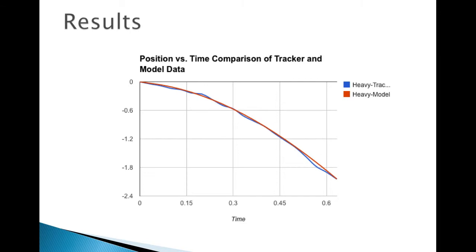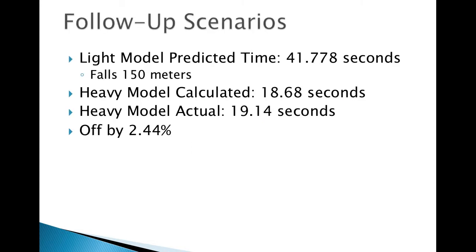The model in this case predicted the real-world results with a high degree of accuracy because the force of drag doesn't have that much of an effect on the falling stack of plates because it has a higher mass.